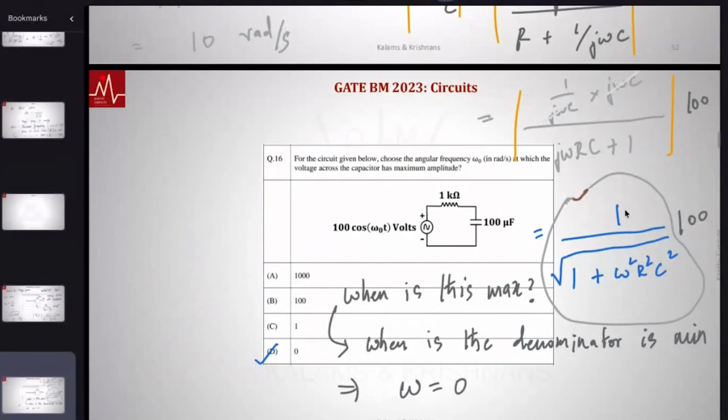This ratio is a function of frequency. I'm trying to find the frequency at which this function is a maximum. The typical calculus way of doing it is to take the first derivative and set it to 0, and hopefully the second derivative test is fine. But we are also seeing it in simple English.